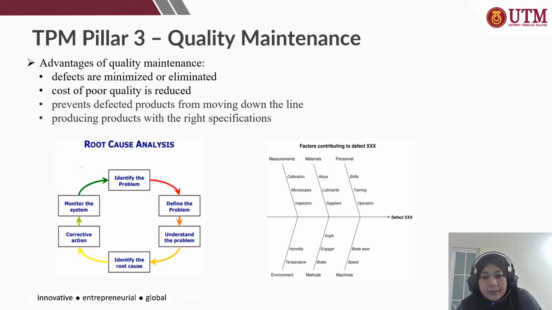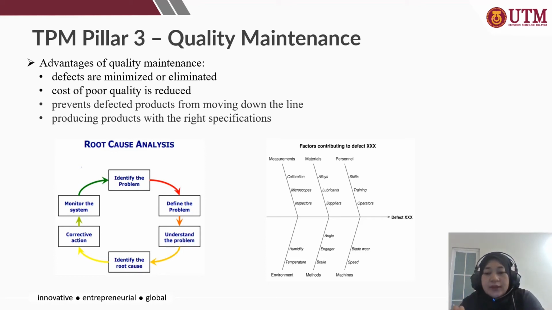And then at the right side is the sample of the Ishikawa diagram, where at the top or at the bottom of the line is the main cause, and at the center of the lines is the sub cause. So we identify the main cause of the defects, and then we identify the sub cause of the defects to find the root cause of the problems.